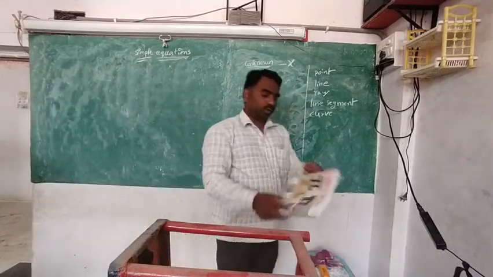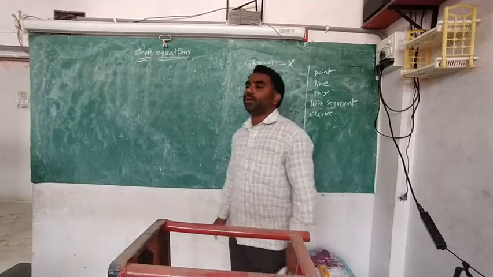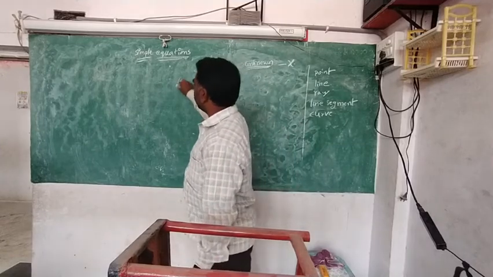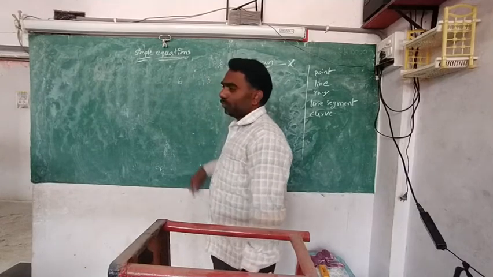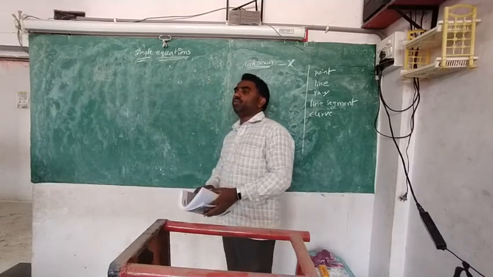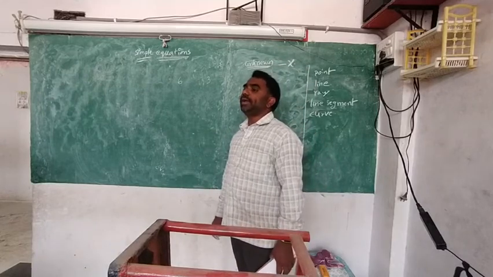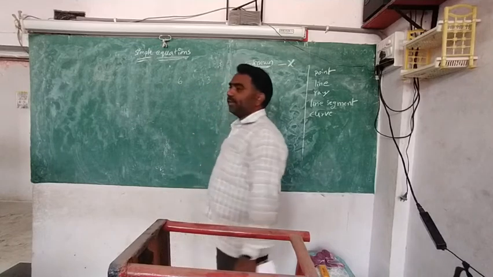Okay, now before talking about the third situation, I will ask one question. You have six 50 rupee notes and three 10 rupee notes. Means how much money is there with you? 330 rupees. How do you get this answer?